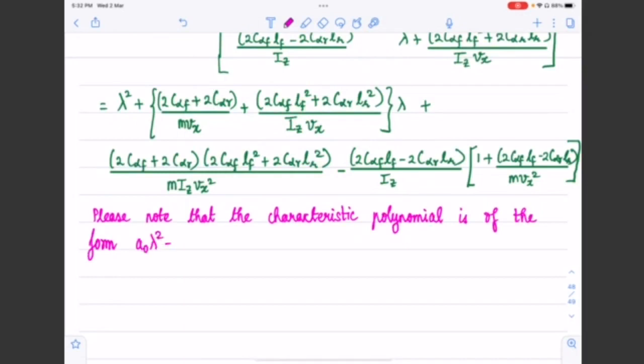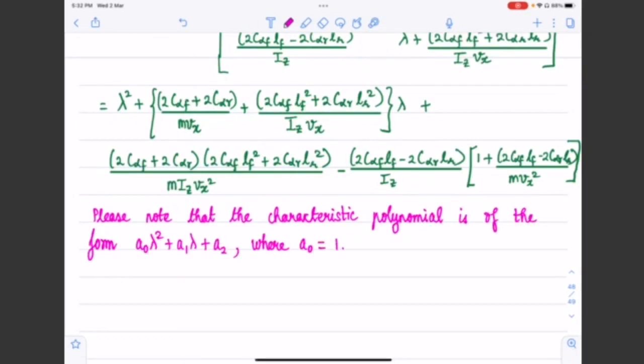It's a second order polynomial. It's of the form a naught lambda square plus a1 lambda plus a2. Of course, here a naught is plus 1.